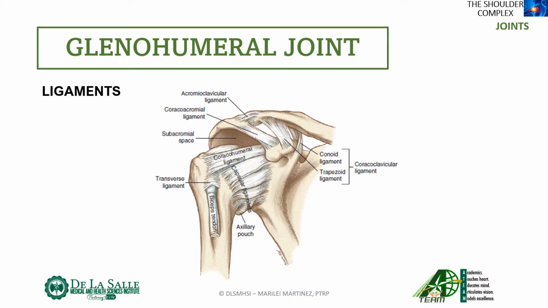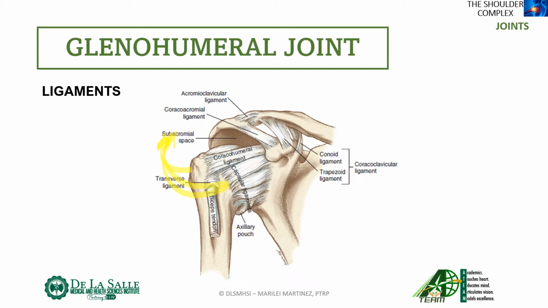So if there is ER, the humerus will move away and posteriorly. So now the anterior band will be taut, specifically at 90 degrees abduction. So 90 degrees abduction with full external rotation, it is the anterior band that is taut.